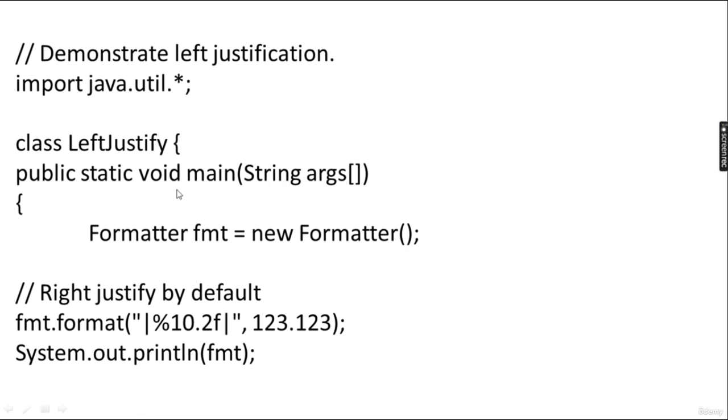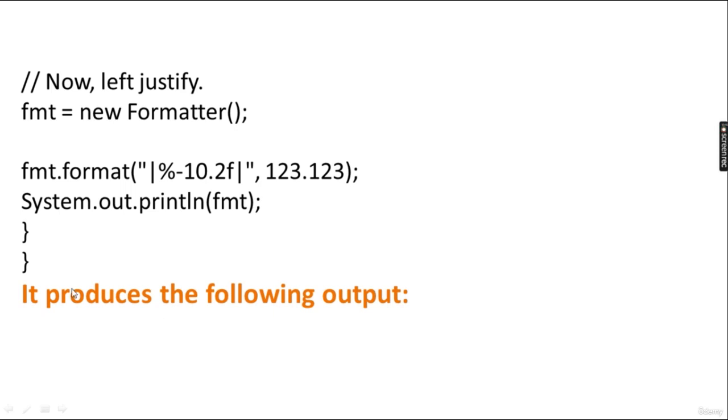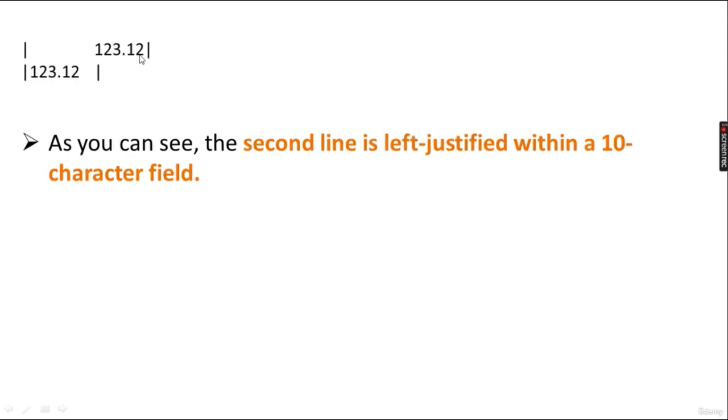Formatter object is created in a class LeftJustify, then right justify by default, formatter.format %10.2f 123.123. Output is displayed. Now left justify, again a formatter object is created, %-10.2f, 2 decimal places in a 10 character field, and it is left justified. Okay, and output is 123.12.